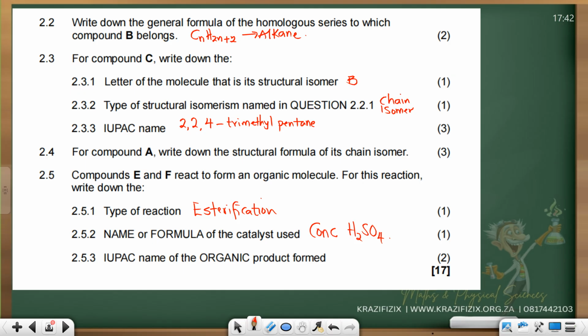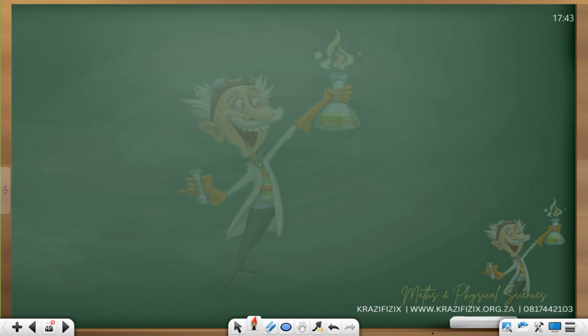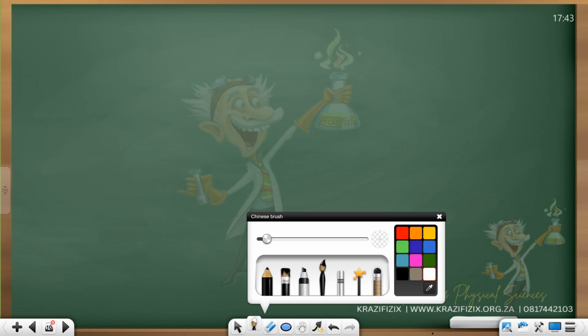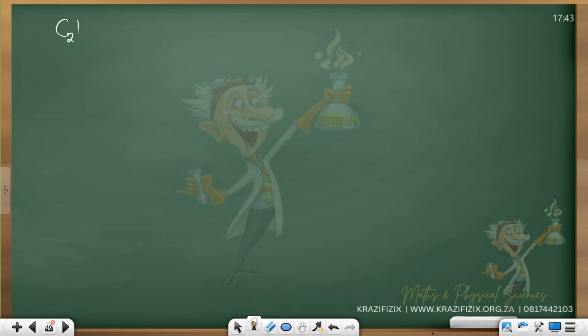All right, guys, I'm changing this to 5 marks. I want you to draw, use structures to answer this question. What is E again? So we were given C2H4O2 plus propan-1-ol. Please use structural formulas.